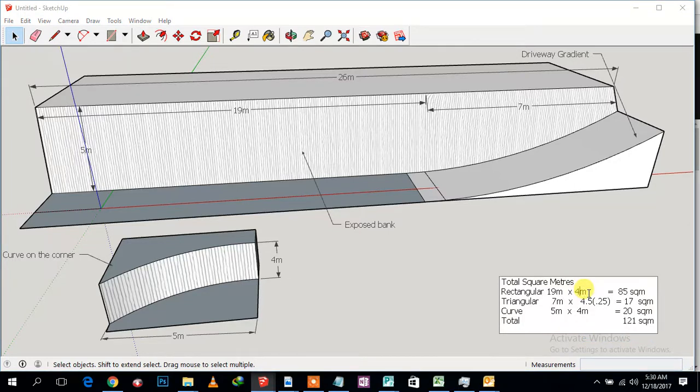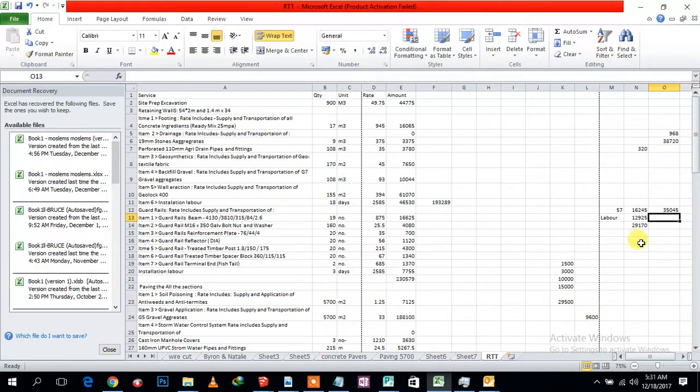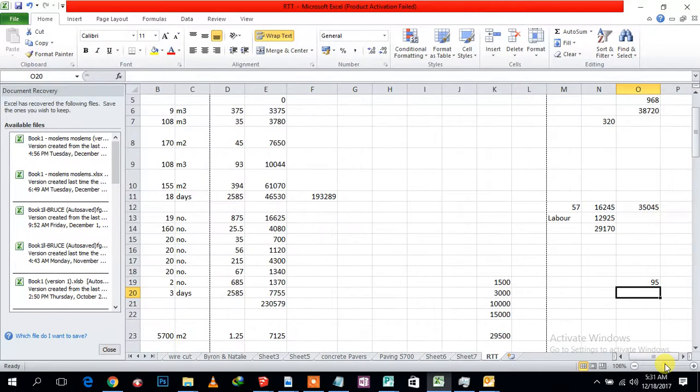If we say 5 meters, 19 meters by 5, we get approximately 95.